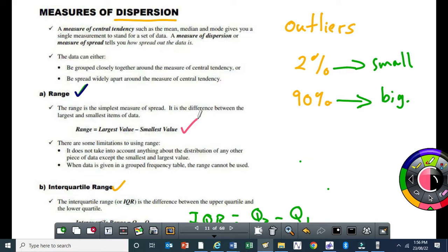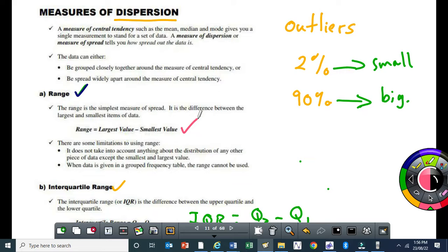Then the interquartile range. It is actually the distance between the lower quartile and the upper quartile. Okay, the distance between the upper quartile and the lower quartile is called the interquartile range. Now we need this interquartile range especially if we want to determine whether there are outliers in the data set or not, which I'll talk about under grade 11 stats later.